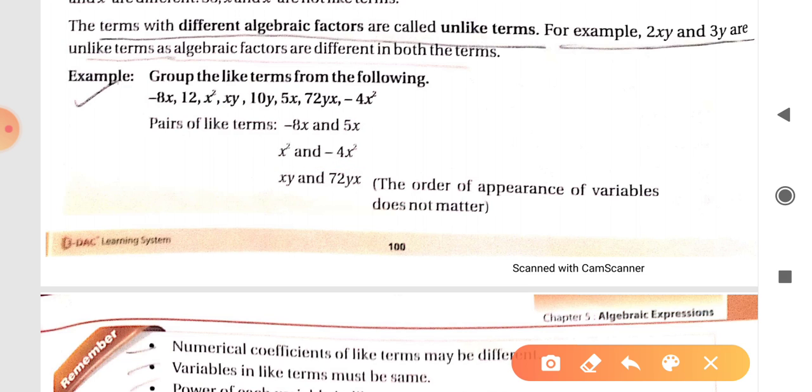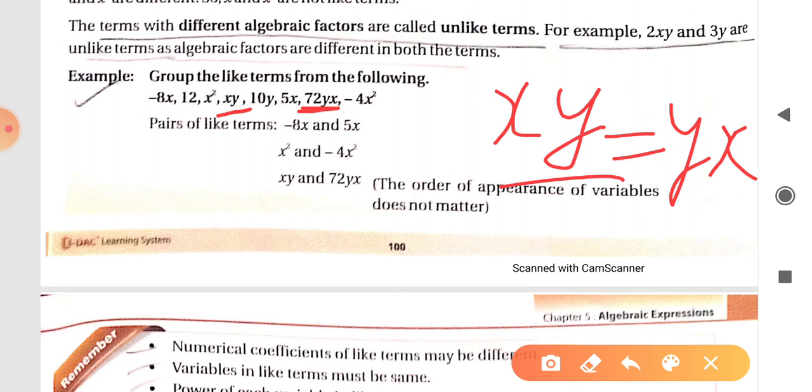Then next is xy. Is there any term whose algebraic factors are xy? Yes, there is 72yx. We can write xy as yx. Remember, we can change the order of variables.